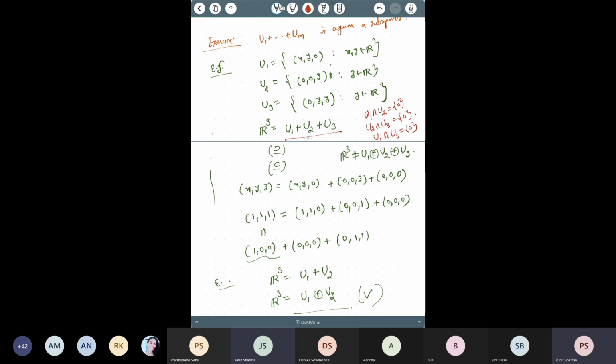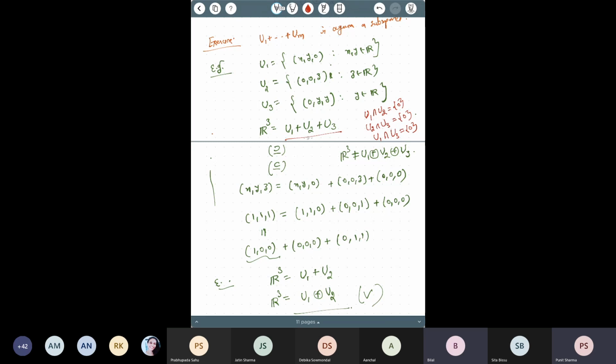Why? Sir, it will be 0. The intersection will be 0 because U2 has (0, 0, z) and here (0, y, z)... the condition would fail.